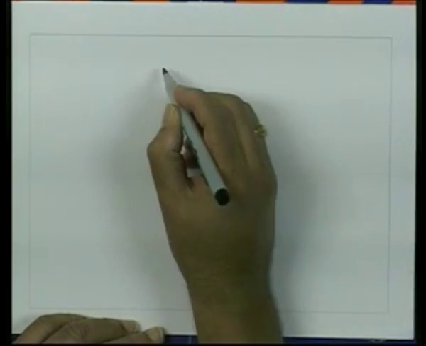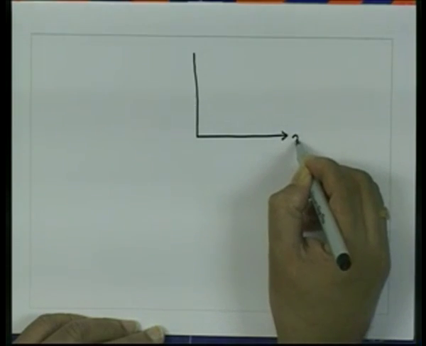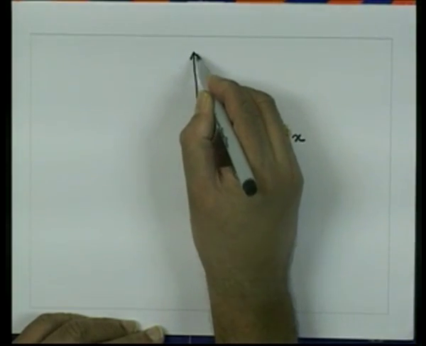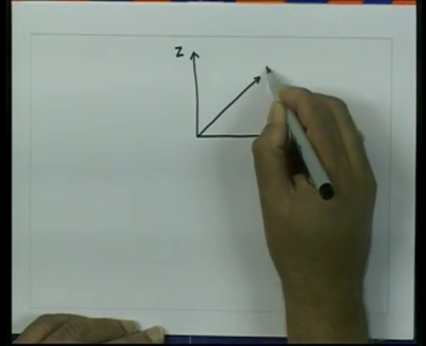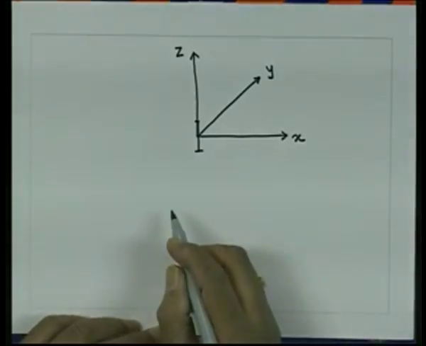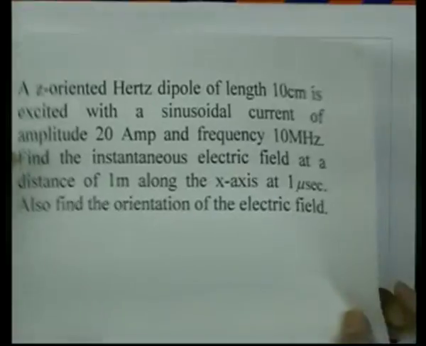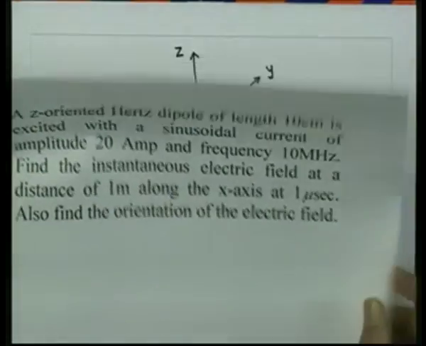So, let us write down the coordinate system. Let us say this is x, this is z, then the y will be oriented this way, and we have a Hertz dipole here of length 10 centimeter, that is 0.1 meters, and the peak current is 20 amperes.